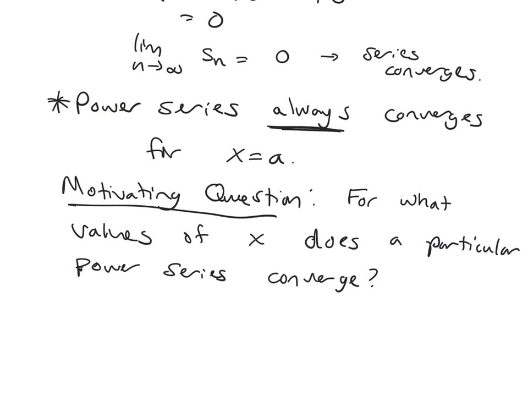We found one value, but I want to find all of the values for which it converges. So like the example we did, x to the n, I gave all values where it converged. Any number between -1 and 1, the series converges. Every other value, it diverges. So I want to know all possible values where it converges.